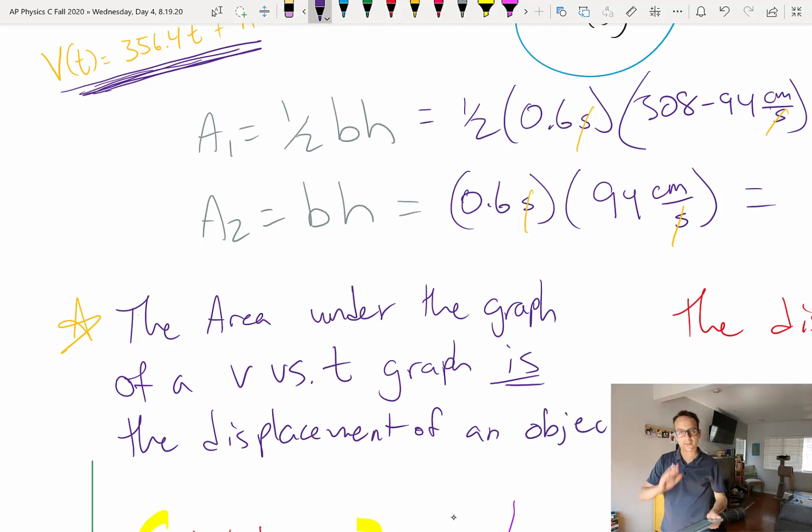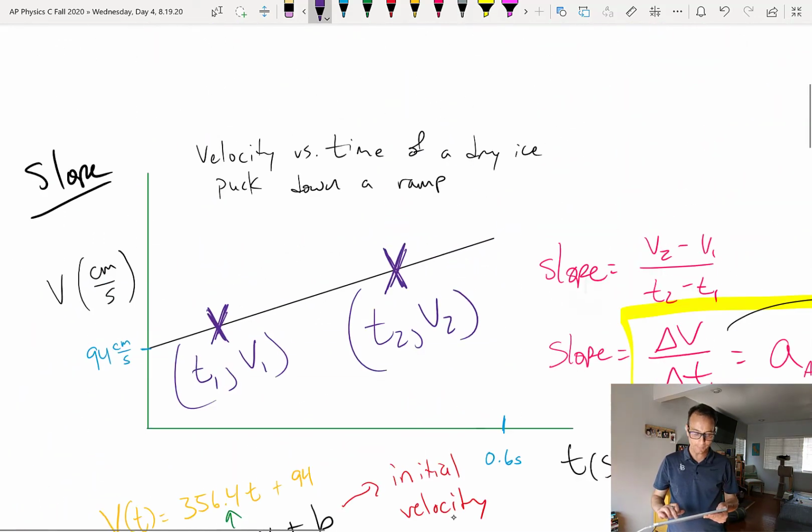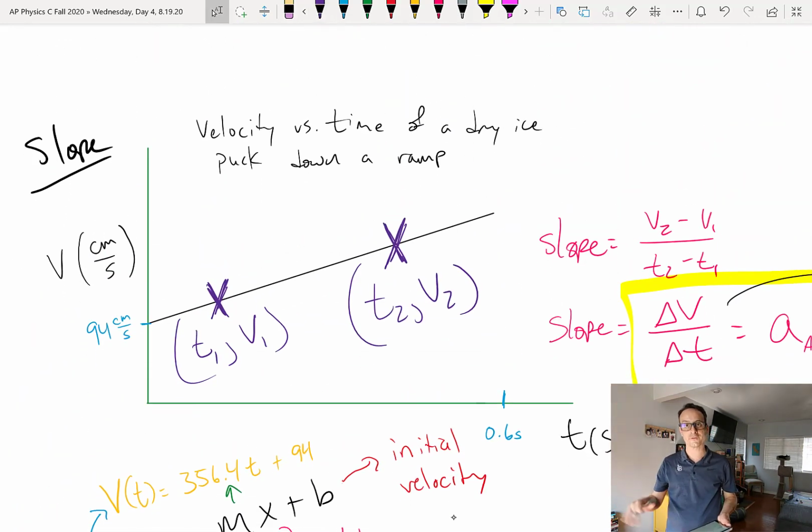So that's the big idea right there. The area under the graph of a velocity versus time graph will give you the displacement of that object, and the slope of a velocity versus time graph gives you the acceleration of that object. And that's a big thing we're going to do in physics throughout this whole year, especially AP Physics C: we're going to collect data, find the slopes of graphs, and find the areas under those graphs.